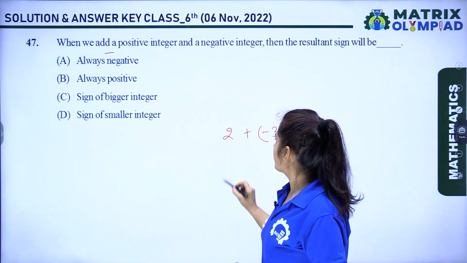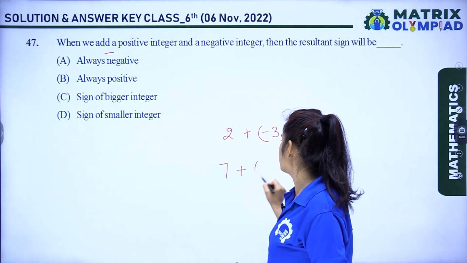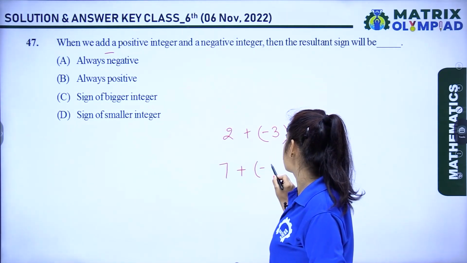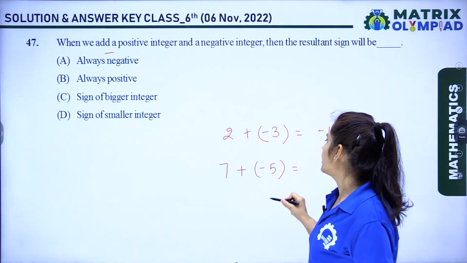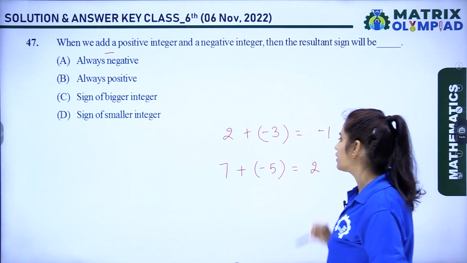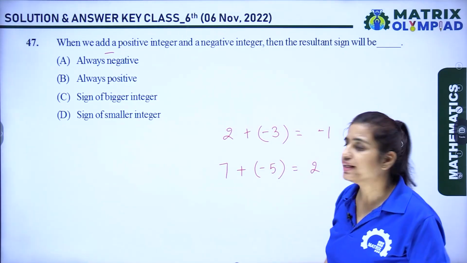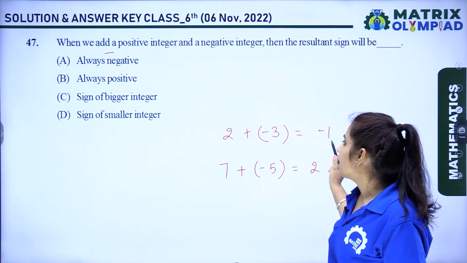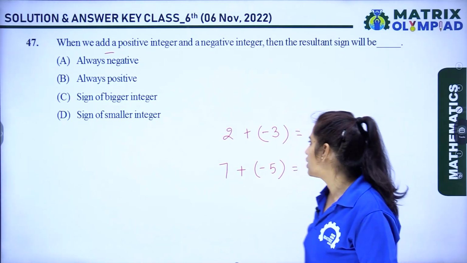And if we take 7 plus minus 5, we get the answer positive 2. From these two examples, we can say that the sign of the result depends upon the greater number.